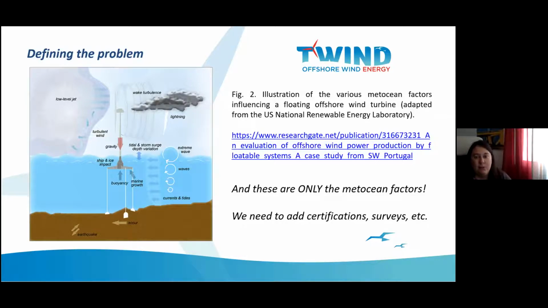This image, for example, was used yesterday in a presentation, and it describes very well some of the issues we are faced with in offshore wind when trying to define the parameters for our calculations. But these are just the mitigation factors. We still need to add certifications, surveys, construction work, regulators, visual impact, and many, many, many more that affect the development of a project.